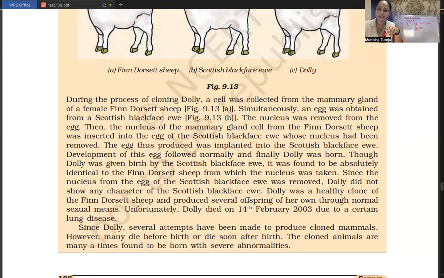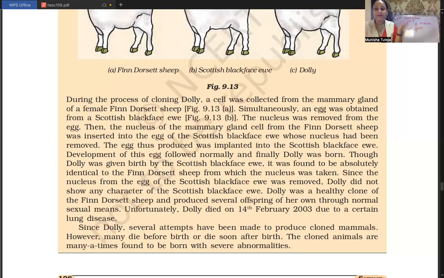We put the nucleus of the Finn Dorset and removed the nucleus of the Scottish Blackface. Though it was growing in the body of the Scottish Blackface, the genetic material was not given by it, so there was nothing which could relate Dolly to the Scottish Blackface. It was exactly like the Finn Dorset sheep whose nucleus we inserted, right?